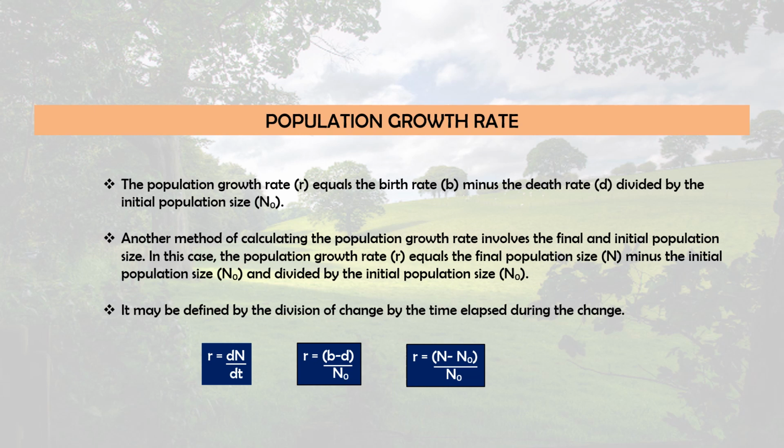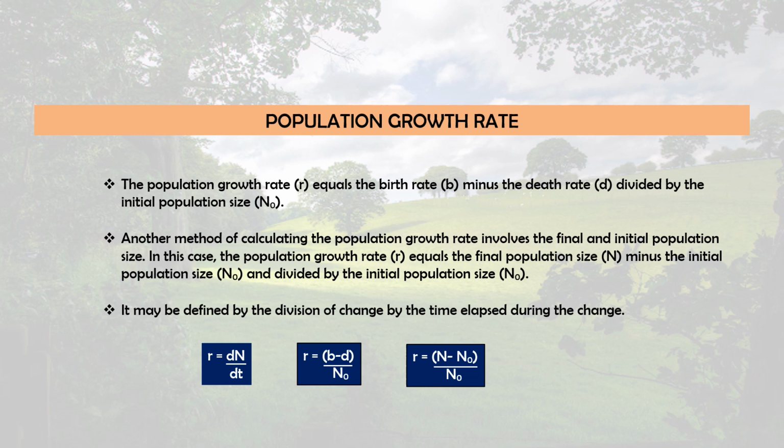There are three different definitions. The first one is that the population growth rate is defined as the birth rate minus death rate divided by the initial population size, that is R equal to B minus D by N0, that is N naught.